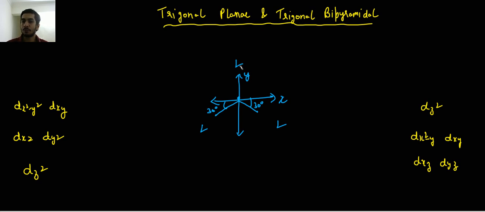So overall, due to taking both of these things into account, what happens is your dx square y square and dxy have the same energy, right? They are at the highest energies and they have the same energy. So that is why your dx square y square and dxy have the highest energy. Now how do you know whether you will have four energy levels or three energy levels?